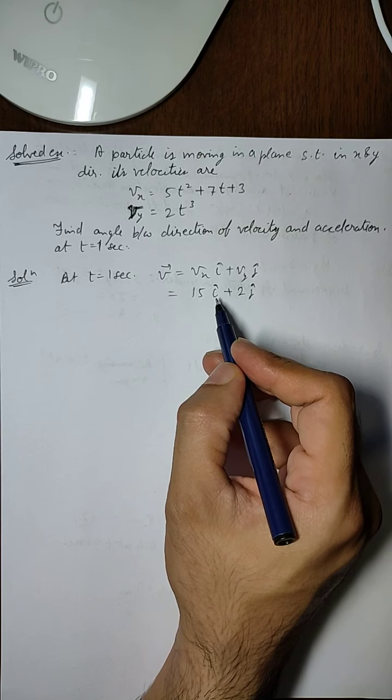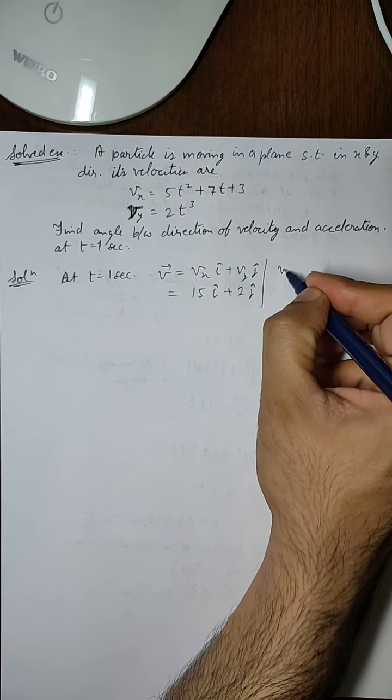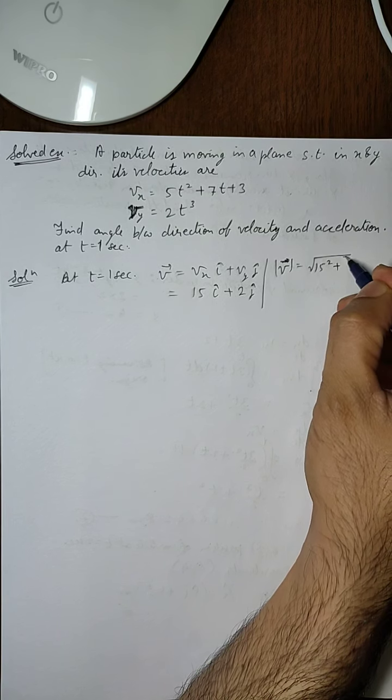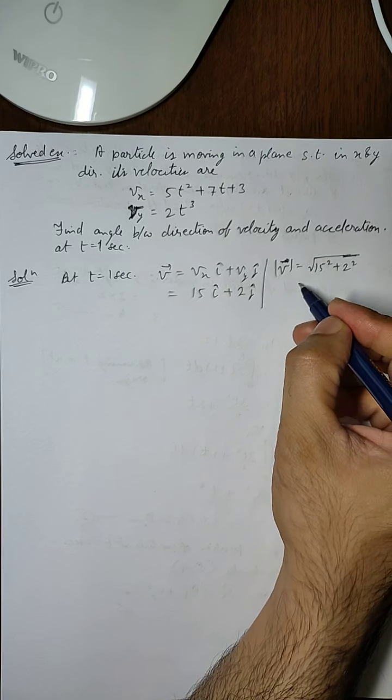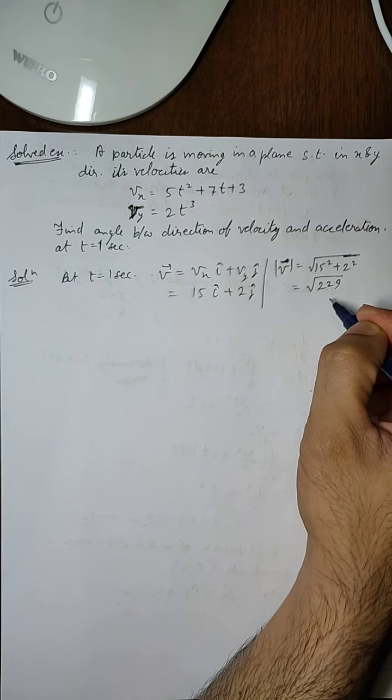So this will be the velocity vector. We can also find the magnitude, which will be root of 15 square plus 2 square. 15 square is 225 plus 4, so it will be 229.